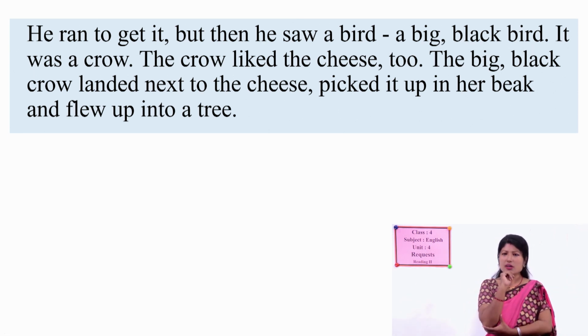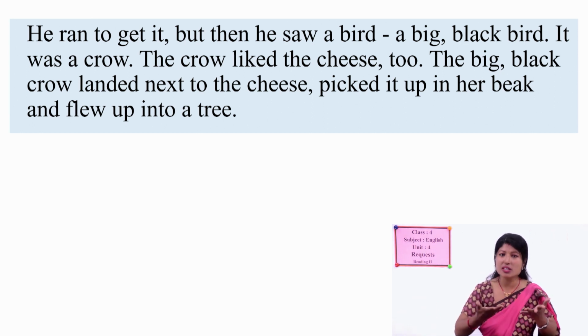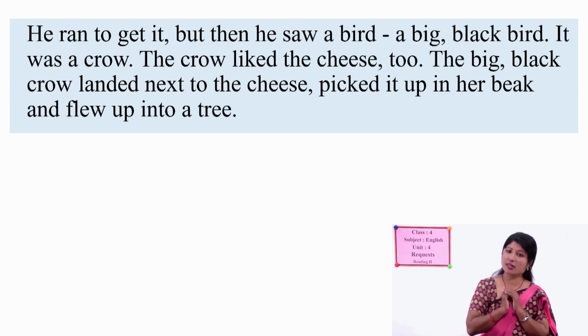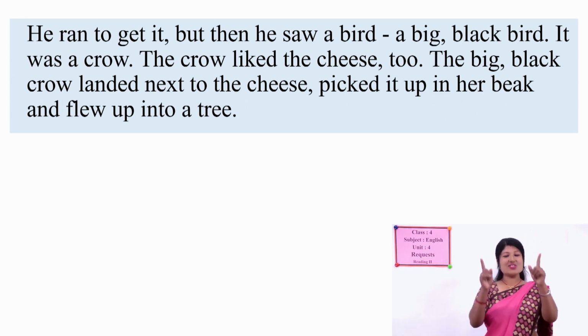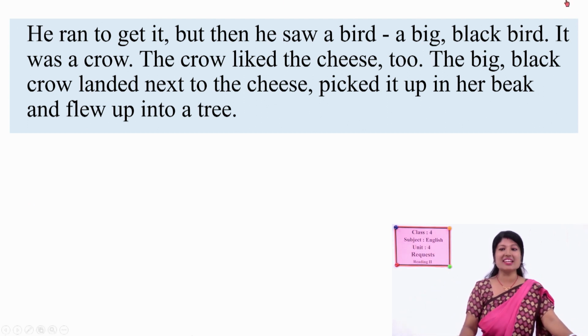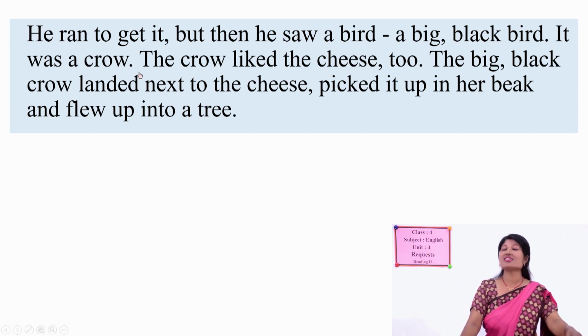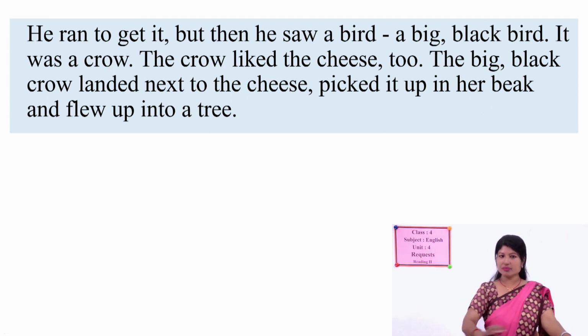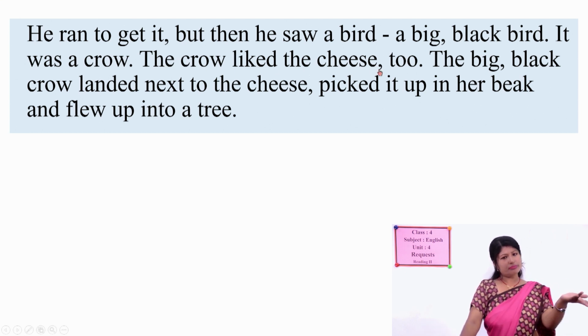Which bird is that? Big black bird. What bird might that be? Yes, your guess is right. It was a crow. Big and black crow. The crow liked the cheese too. Now what do you think happens?